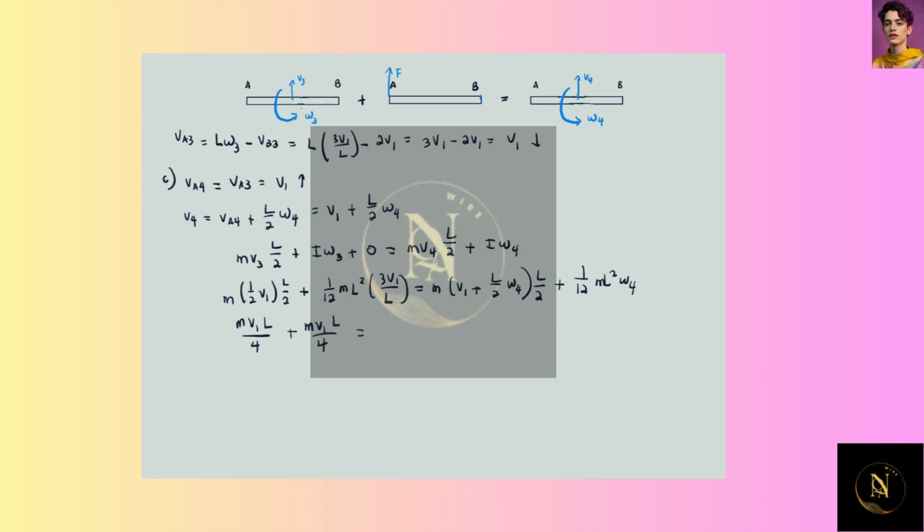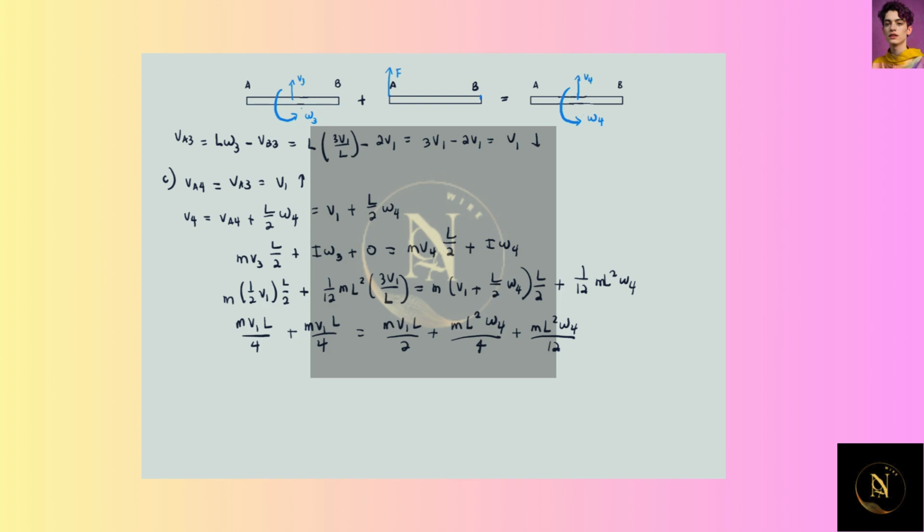equals M V1 L over 2 plus ML squared omega 4 over 4 plus ML squared omega 4 over 12.